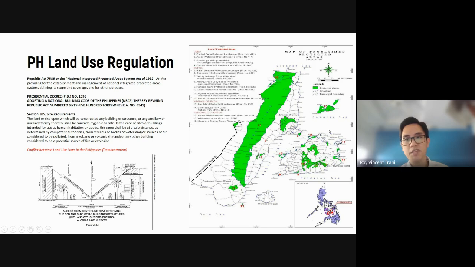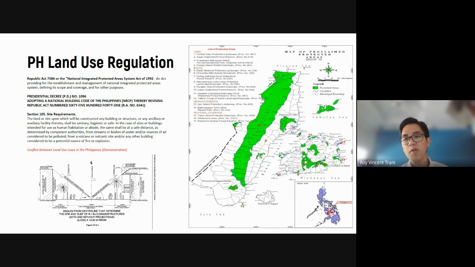I'm sure the other regions have different protected areas. And then the only challenge now is to create growth management plans or urban growth management plans that are rational and can convince developers to stay away from the protected areas.